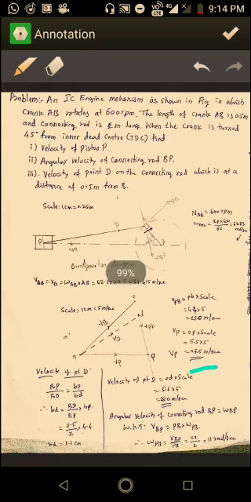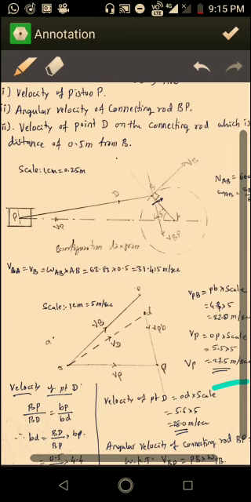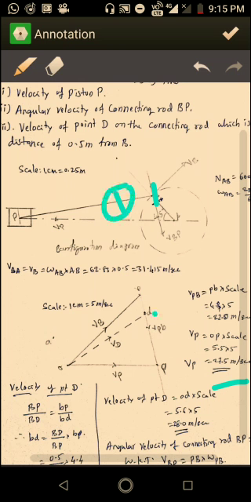The second part, the angular velocity of connecting rod BP, we'll discuss afterwards. The third part is the velocity of point D on the connecting rod, which is at a distance of 0.5 meter from B. So the point D is given here, 0.5 meter from this point B. Now similarly, you have to mark the point D on the velocity diagram.